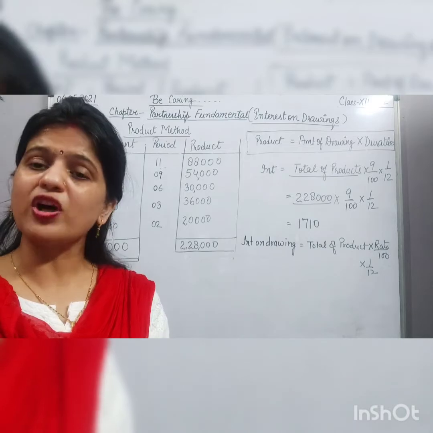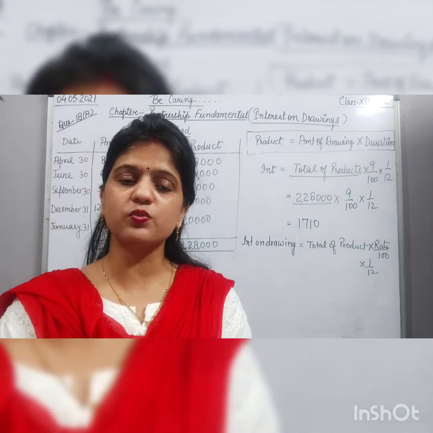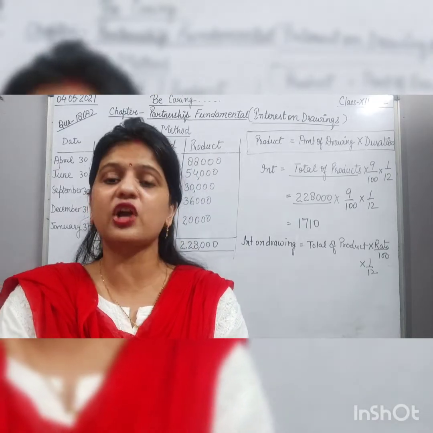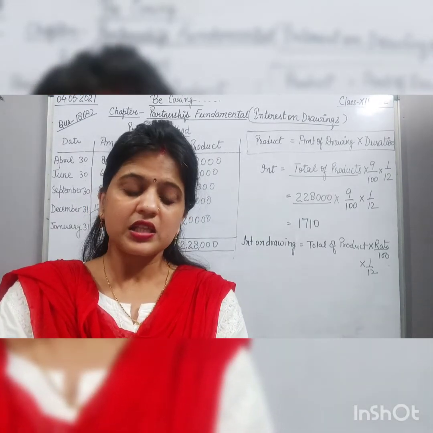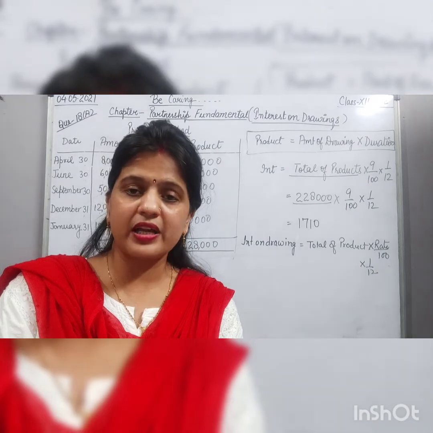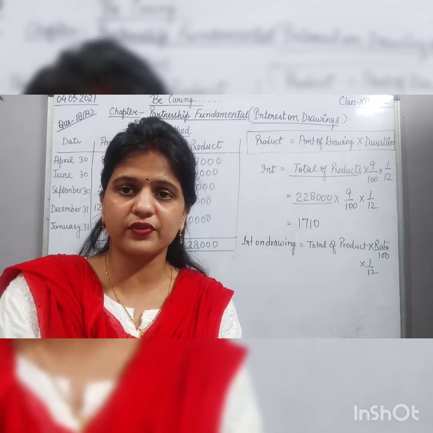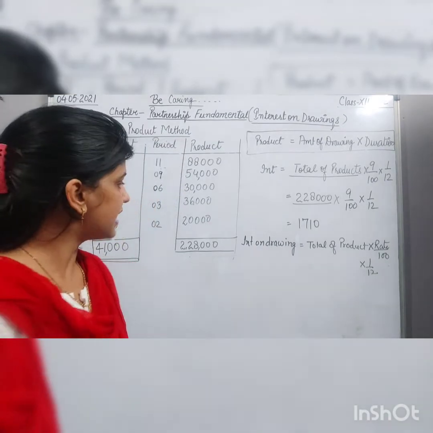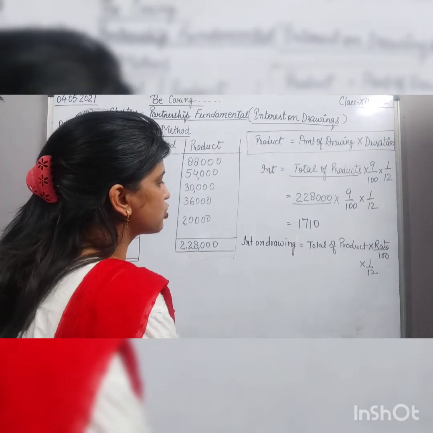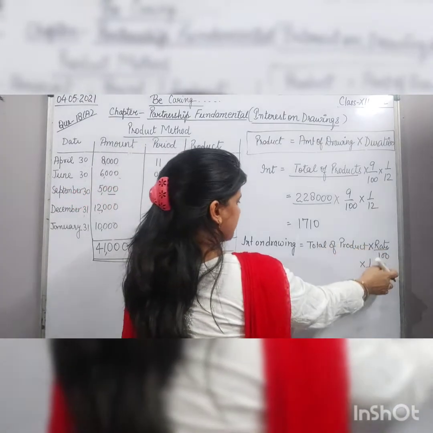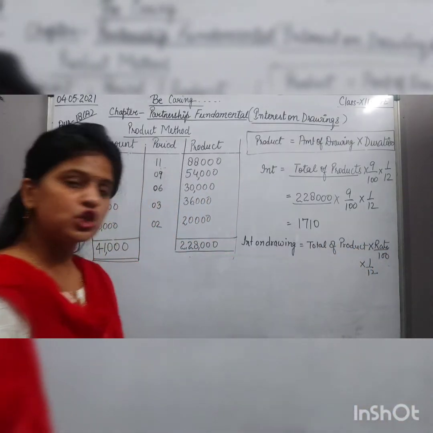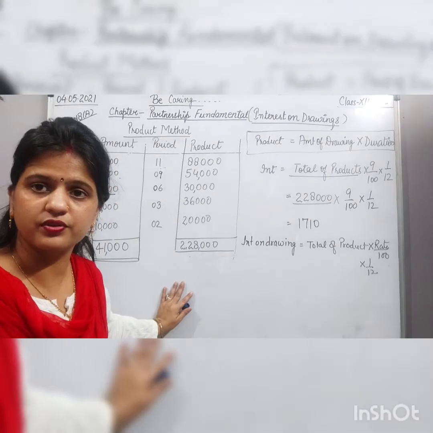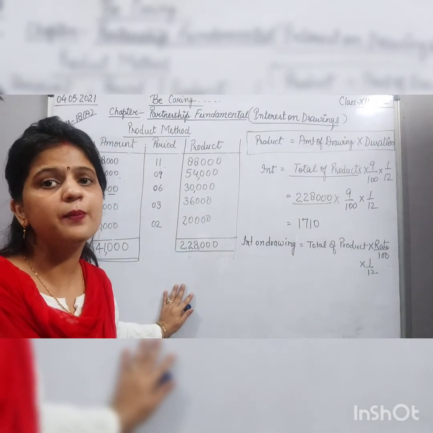The advantage of this method is that separate calculations are not required each time. This is the main advantage of the product method, and the formula is that interest on drawing is equal to total of product into rate upon 100 into 1 by 12. In this way we calculate interest on drawing with the product method.